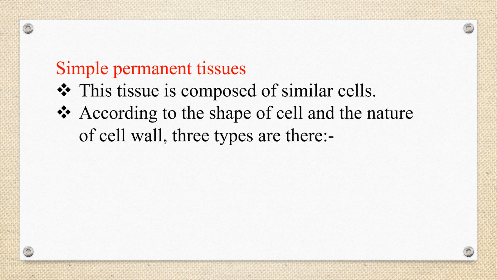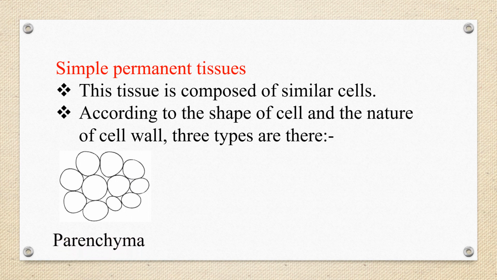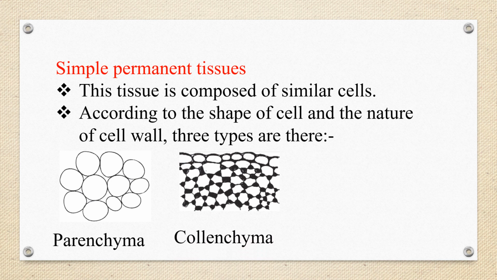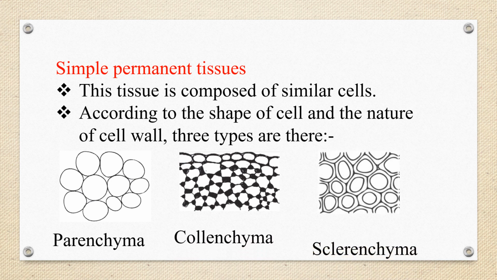This tissue is composed of similar cells. According to the shape of the cell and the nature of the cell, there are three types of simple permanent tissues. In this picture, you can see the parenchyma tissue. In this picture, you can see the collenchyma tissue, and this one is sclerenchyma. Those are the types of simple permanent tissues.